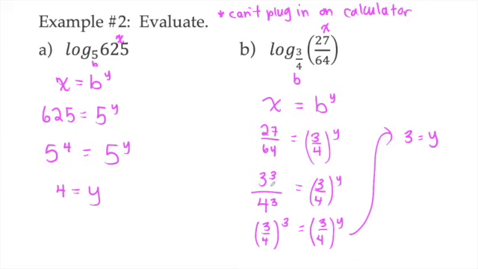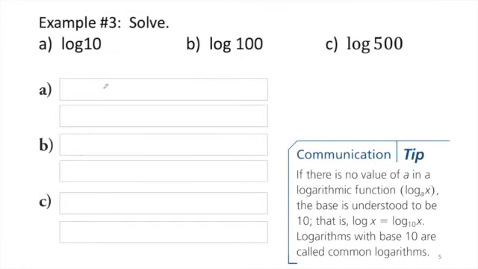Okay, so another example is if you were given something like this. So log 10. Before I was showing you something like log base 6 of 15, or let's say log base 8 of 10, or whatever it is. You saw both that subscript and the number beside it.